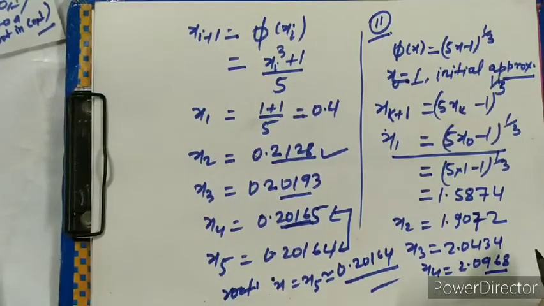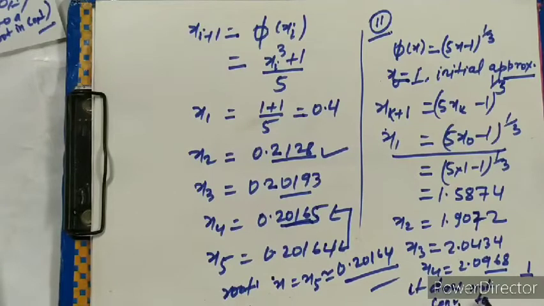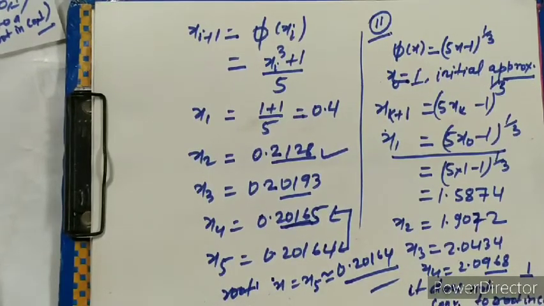But it is continuously going beyond 1. It is clear, so clearly it does not converge to the root in 0 1.